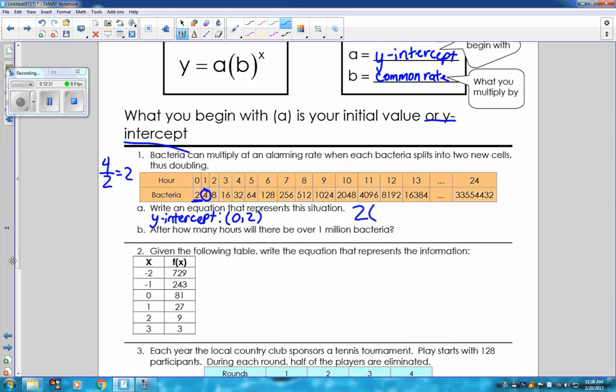So that means my b is 2. And that will be my answer. I could have picked any of these points or terms and just divided it by the previous term. It would always give me the same answer.